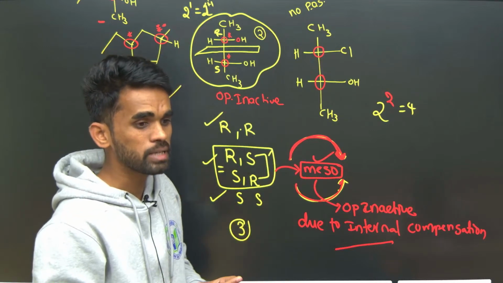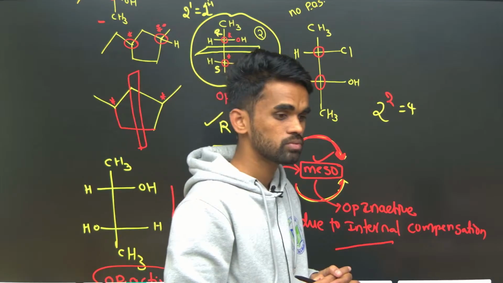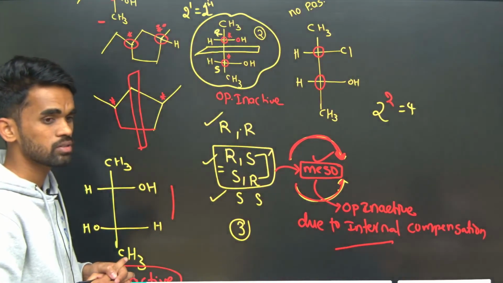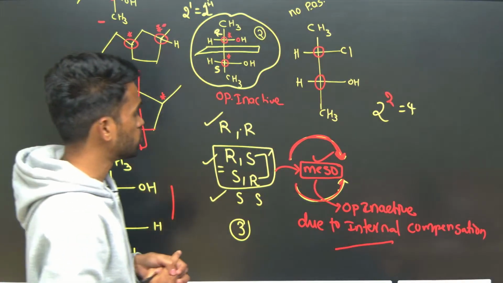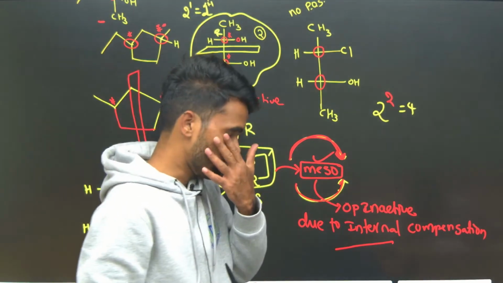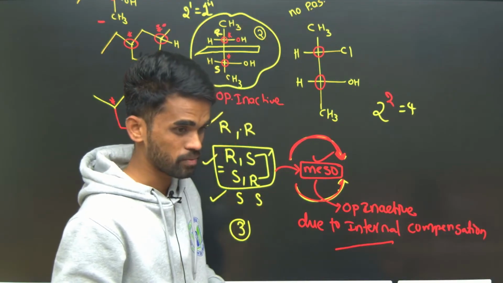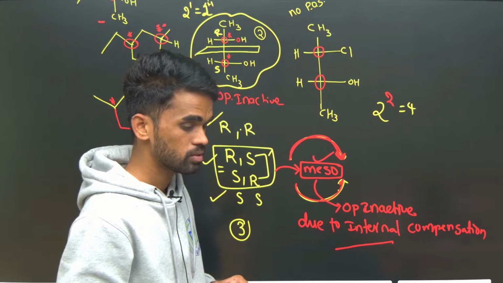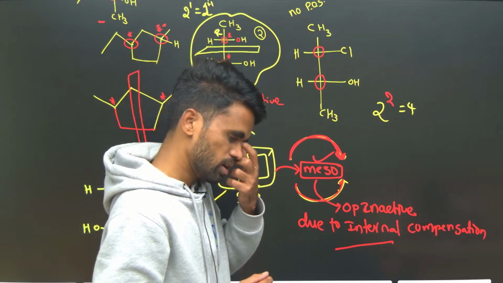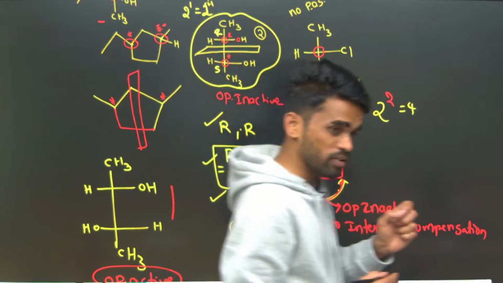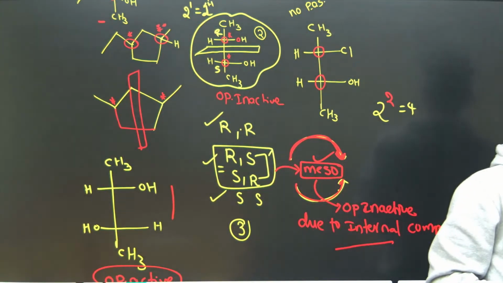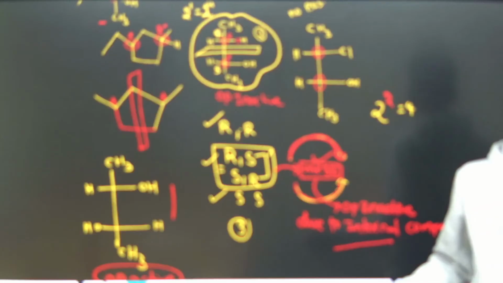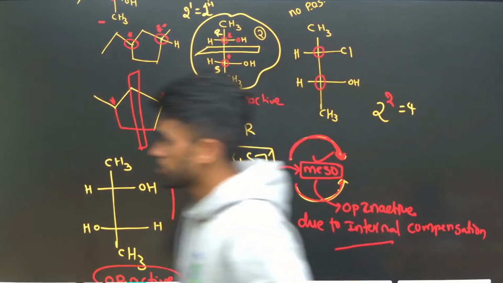Meso compounds are optically inactive because of the presence of a plane of symmetry. Or specifically, if I want to mention, meso compounds are optically inactive due to internal compensation.